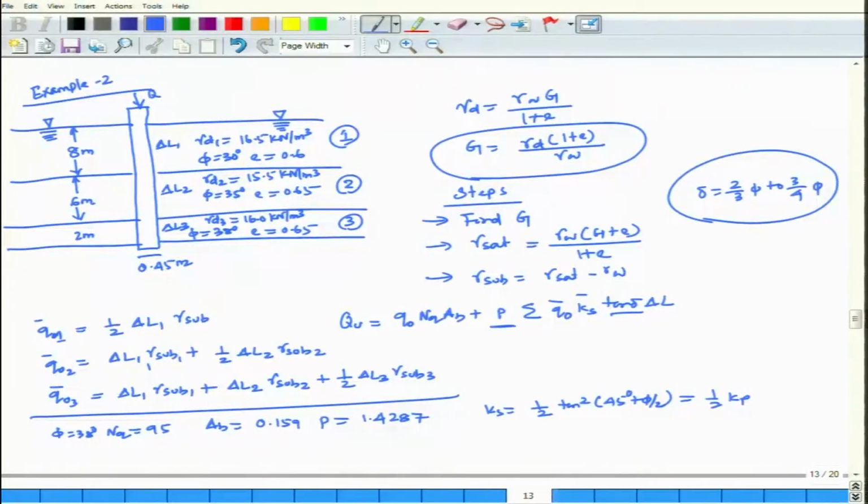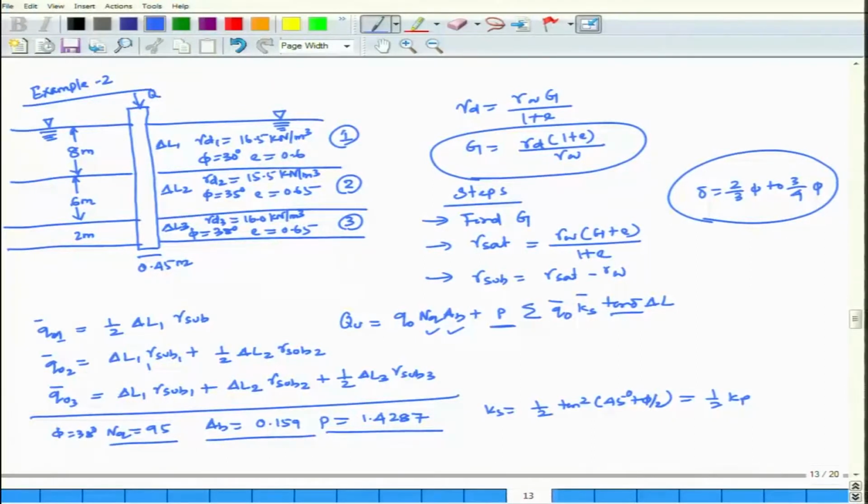So then what are the parameters to be calculated? NQ, AB, Q0. Phi is equal to 38 degree, NQ got it 95, area of base is your 0.159, perimeter is your 1.428, so Ks is equal to half Kp.